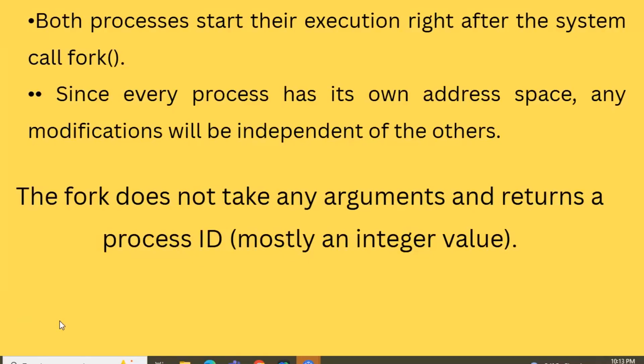It means that updating a variable in the child process will not affect the same variable in the parent process, and vice versa. Moreover, fork does not take any argument, but it returns a process ID.